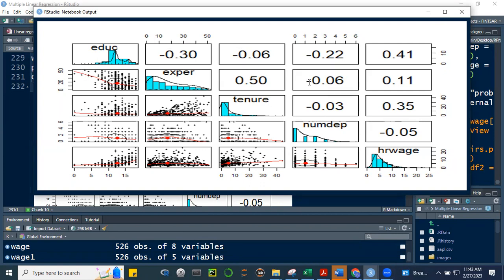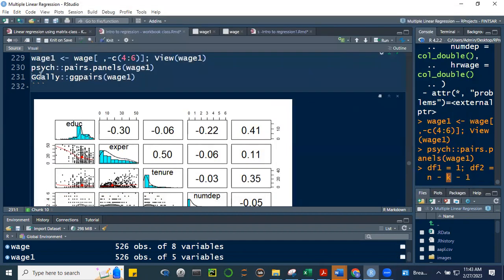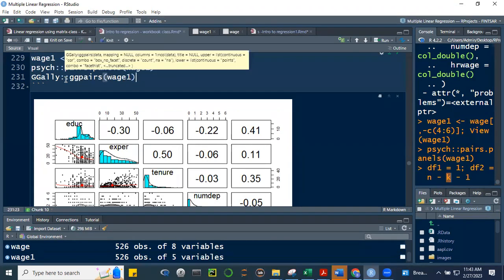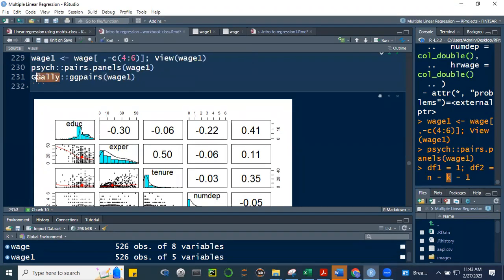So we can see here the different correlations, negative 0.22, 0.5. The only disadvantage of this is that we don't see the significance of this correlation. Kasi numbers lang eh. Kaya mas maganda pa rin yung GGally, which we introduced last time. Although we did not load this, pwede natin gamitin kasi namespace siya.